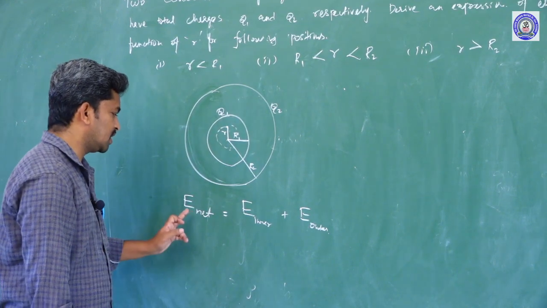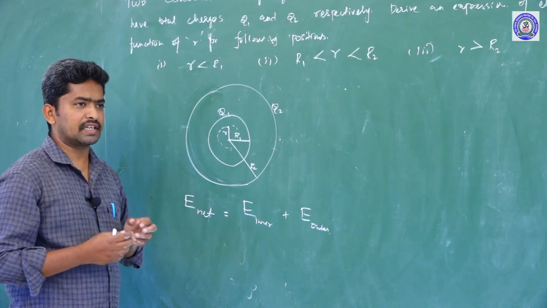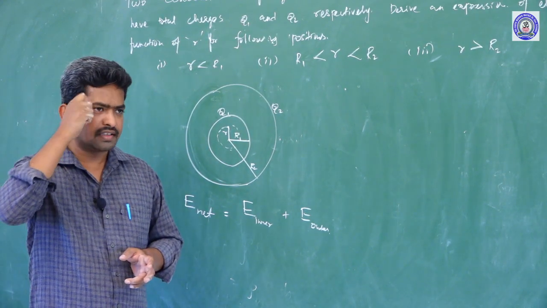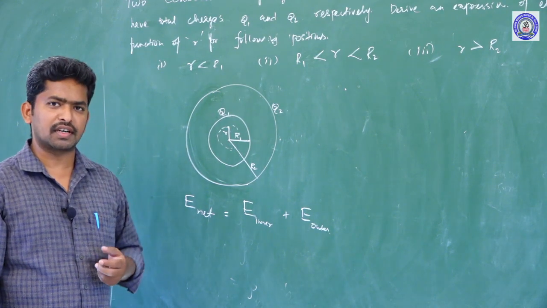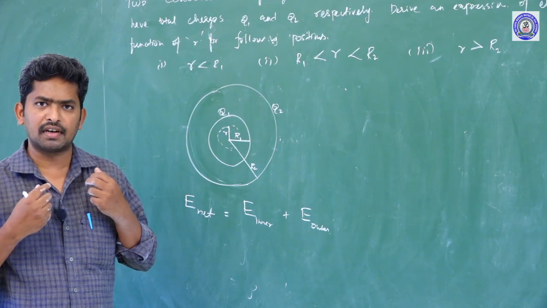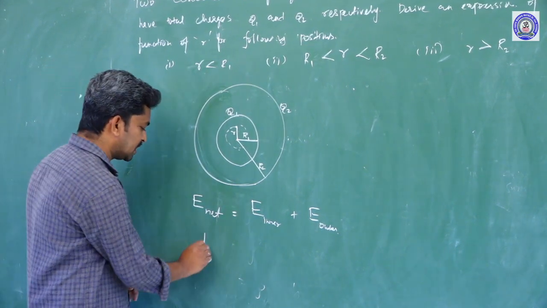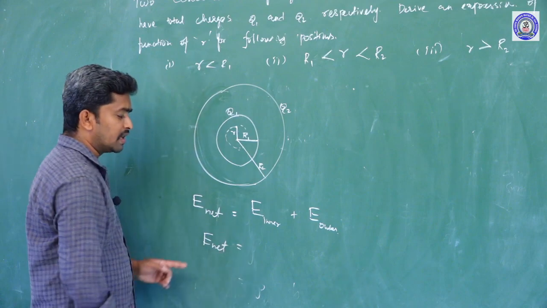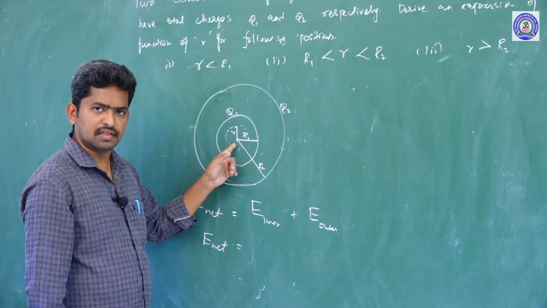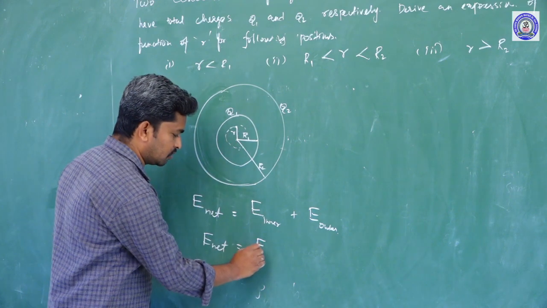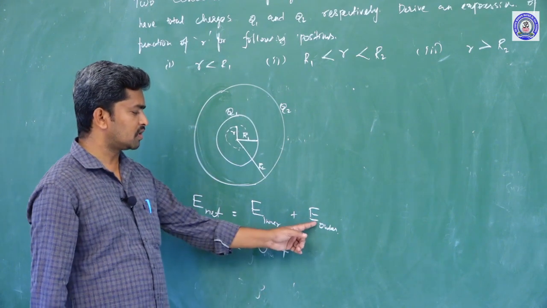You know the formulas. The electric field inside a conductor, a solid conductor, or a conducting hollow sphere or non-conducting hollow sphere: net charge inside is 0, so the electric field is also 0. So, E net is equal to the inner sphere's field inside, radius r1, charge is 0, so the electric field is 0, plus the outer sphere.